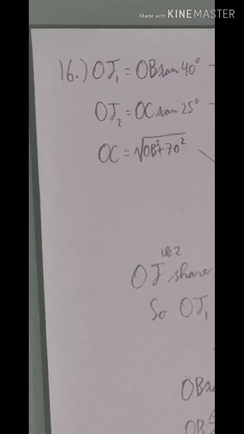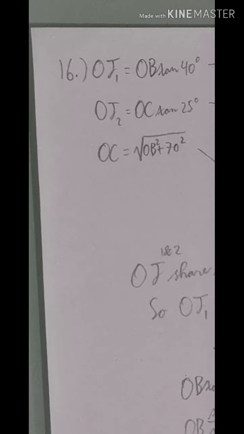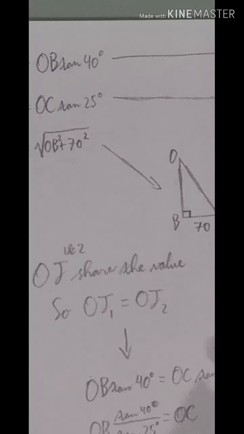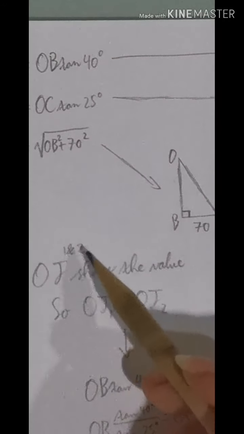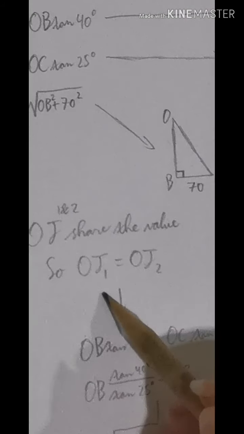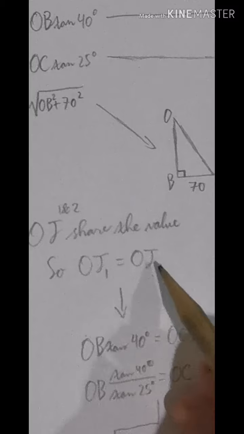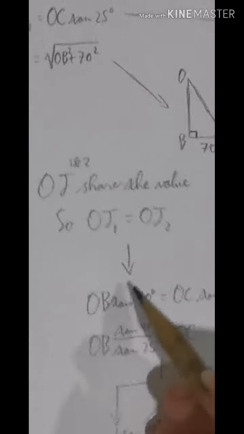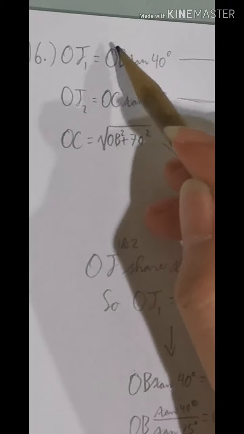Now from these three equations, we know that the OT is basically the same thing. OT1 and 2 share the same value. That means OT1 would definitely be equal to OT2. So we input the things we know about it.